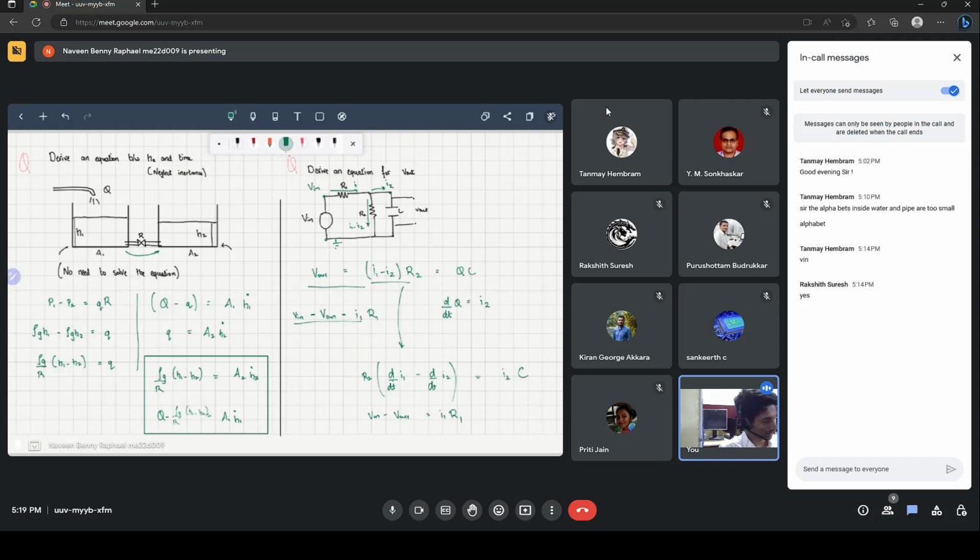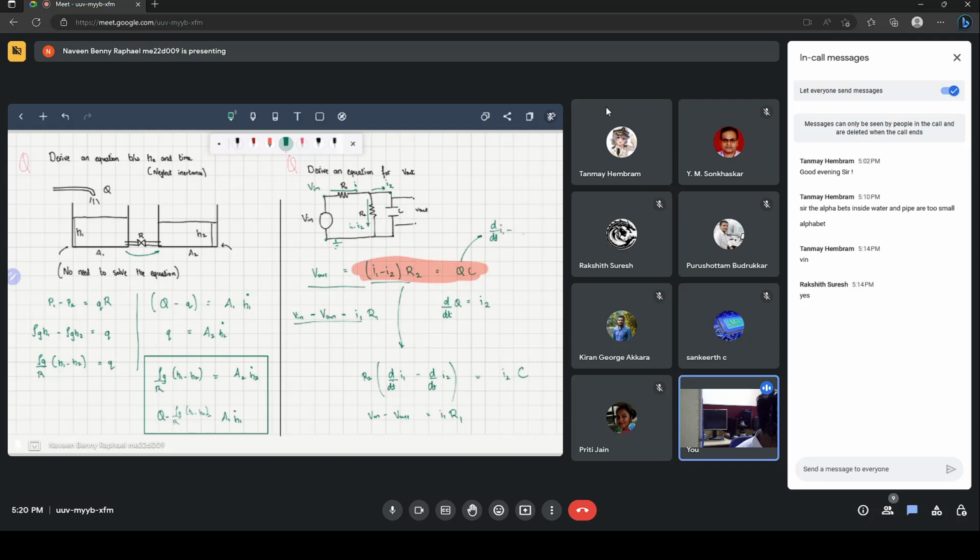The charge on the capacitor Q relates to the current flowing through it through this equation, naturally, because current is the flow of charge. So the derivative of Q will be I2. So I'm taking this equation and taking a derivative of it with respect to time. On taking the derivative on both sides, the derivative of I1 is d by dt of I1.